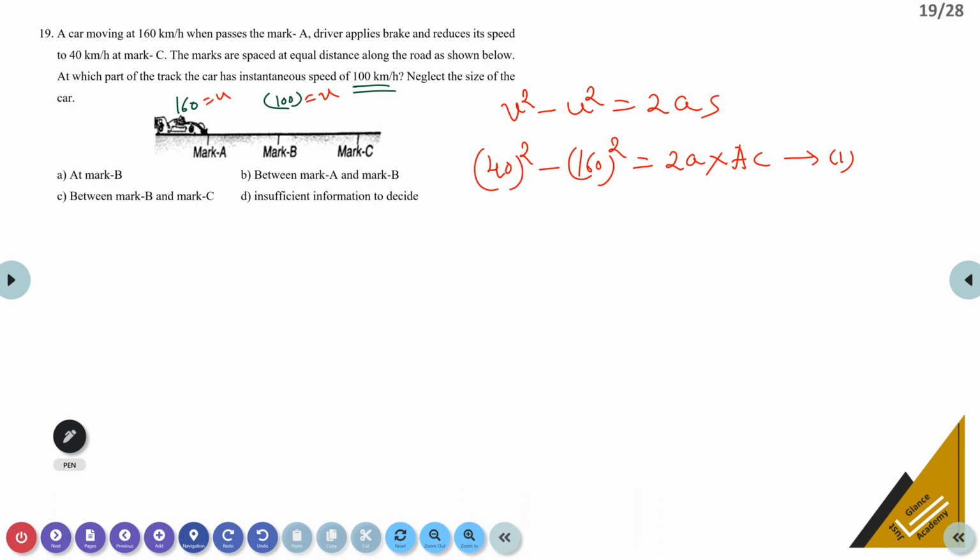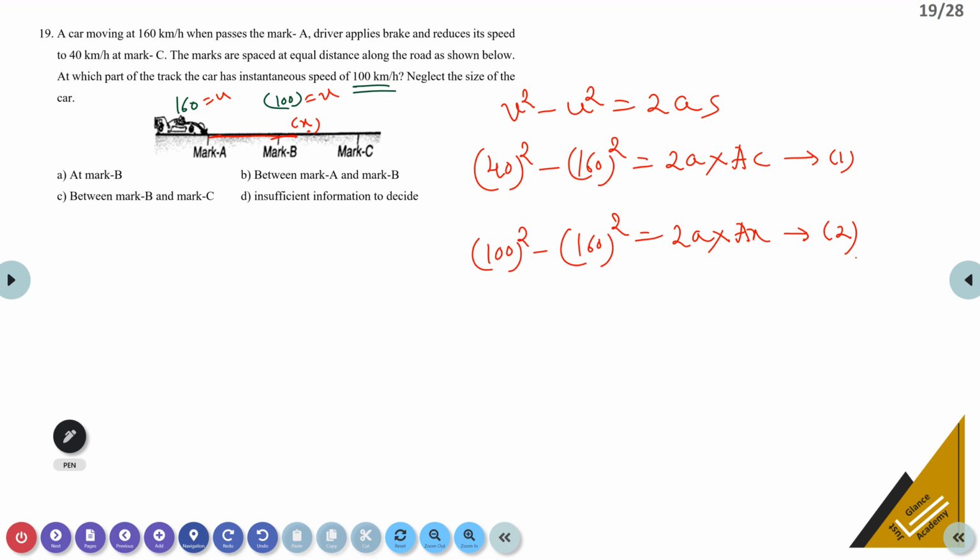Then another equation I am writing: 100 square minus 160 square equal to 2a into. Students, I don't know where it becomes 100. Here I will consider x distance. I don't know whether x comes here or here. Distance I will write AX. This is equation number 2.